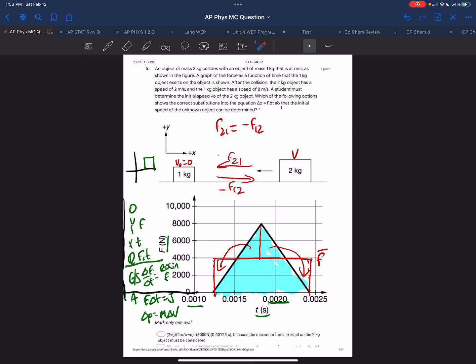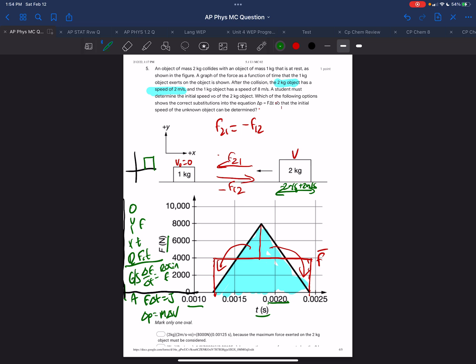Afterward, the 2 kilogram object has a speed of 2 meters per second. And so we have to be careful there, because all we know is its speed. The speed of the 2 kilogram could be in this direction or in this direction. It could be plus 2 meters per second or minus 2 meters per second.